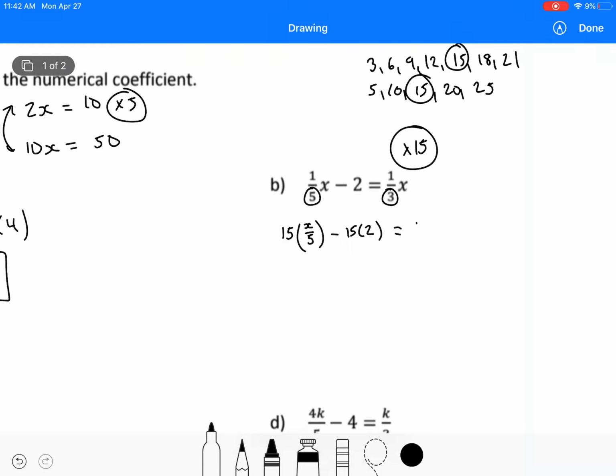The reason why I like to divide first before I multiply is because it keeps the numbers nice and small. If I gave you this, let's say 15, and you had, let's say, 5x over 3. If you multiplied this by 5, which you can, if you do 15 times 5, then we have 75 over 3x. That isn't easy to do in your head. 75 divided by 3.